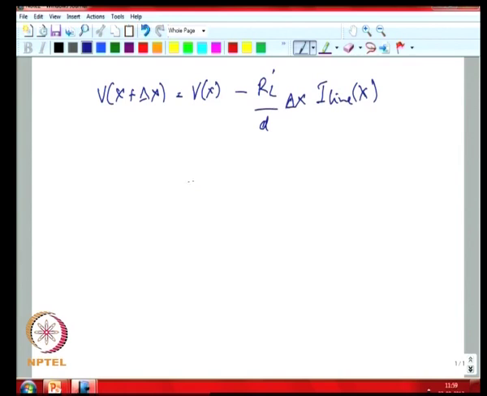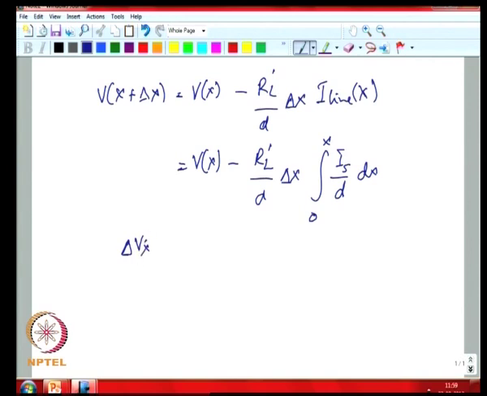So, you could write this as V of x minus... so you could then simplify it and then get delta V of x by delta x to be equal to minus R L prime... So, we could then integrate this to get your voltage along the feeder.